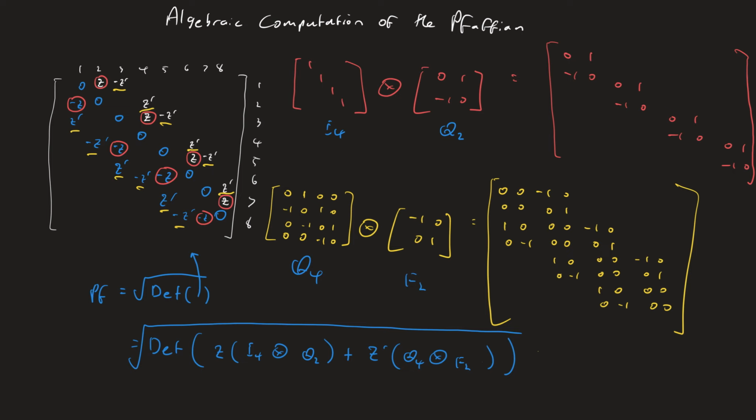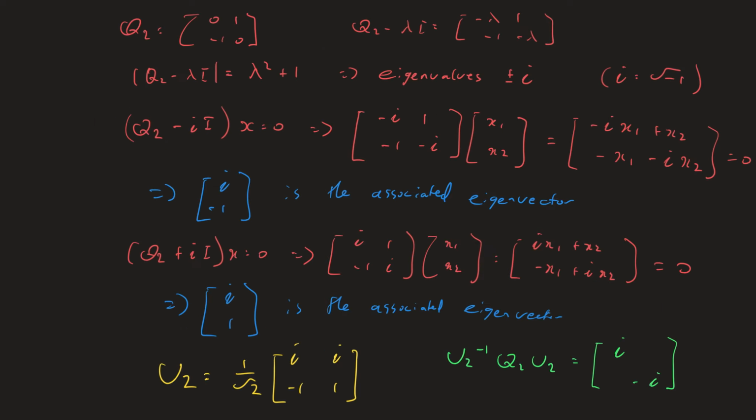So we want to compute the Pfaffian because it is the generating function telling us how many tilings there are. To do that, we're going to compute this determinant here and take the square root. Because our strategy is to try to reduce the matrix to diagonal form, we need to compute the eigenvalues and eigenvectors of the whole expression.